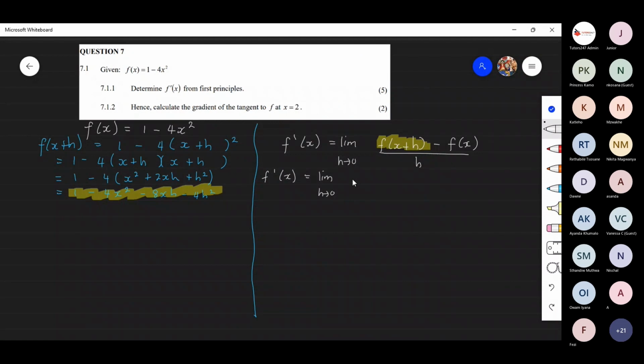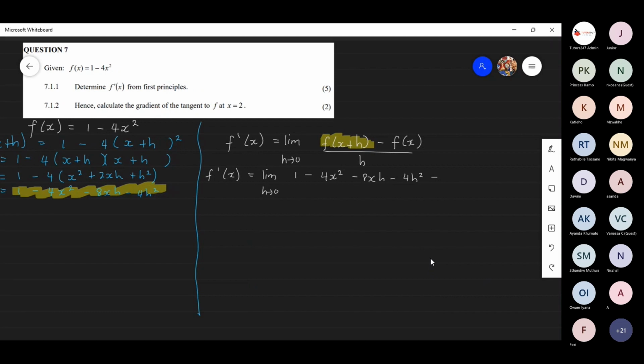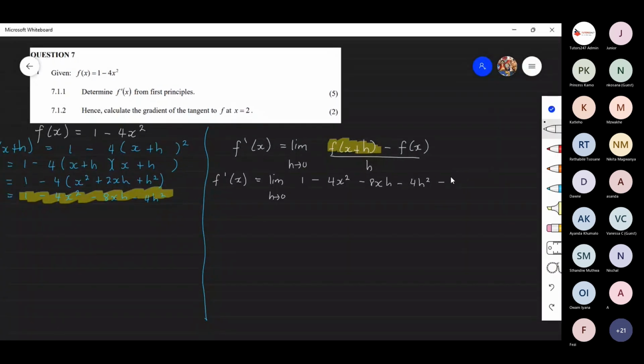So that is then going to be 1 minus 4x squared minus 8xh minus 4h squared minus, now we need to substitute f of x. And our f of x equation was given as 1 minus 4x squared. So always put your f of x part in brackets so that you can multiply the negative into that bracket.